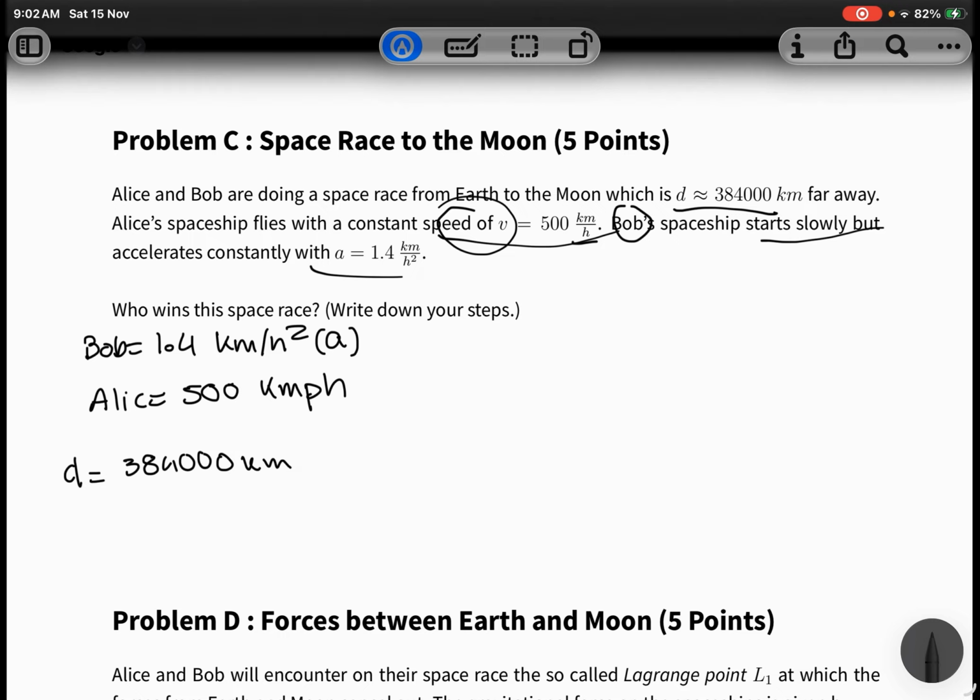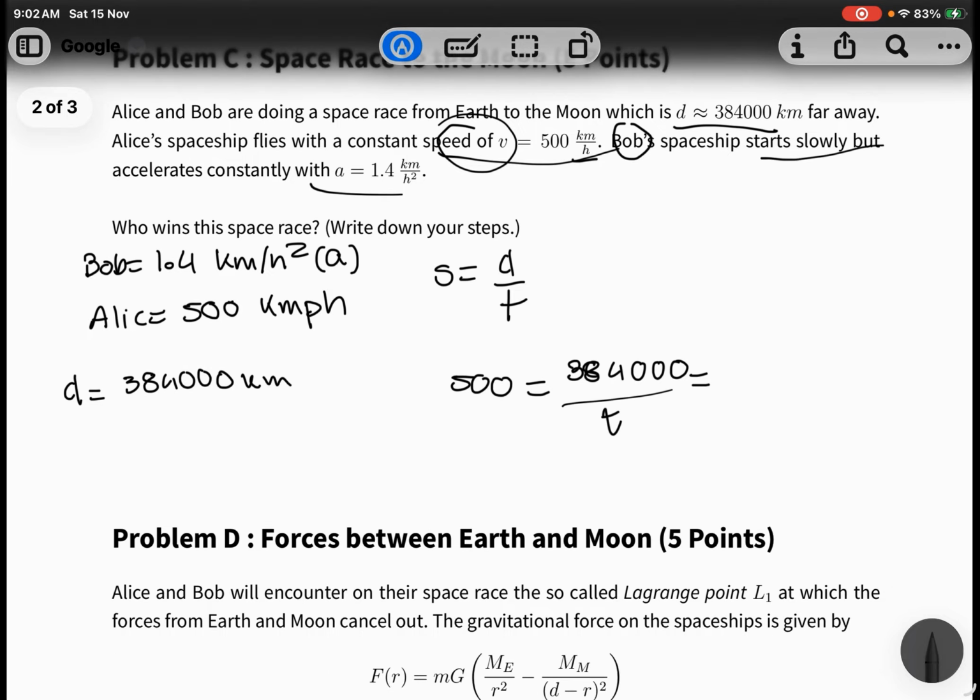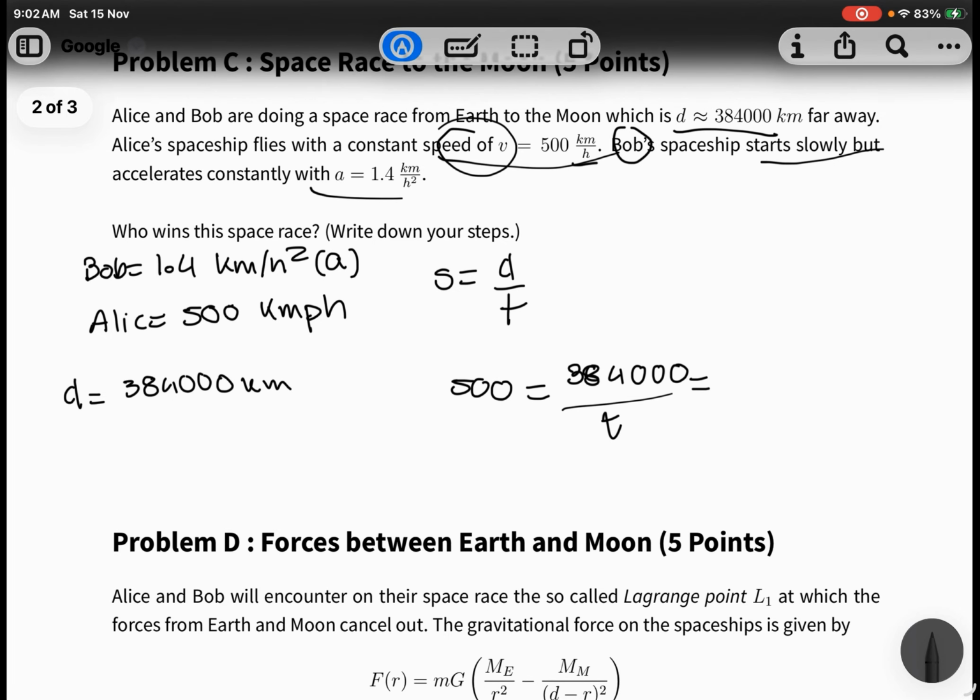For Alice we can calculate the time taken because speed equals distance by time. That's super easy to do. We can say 500 is equal to 384,000 by t.